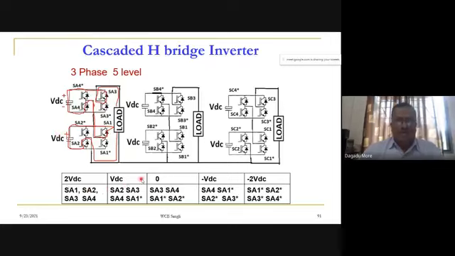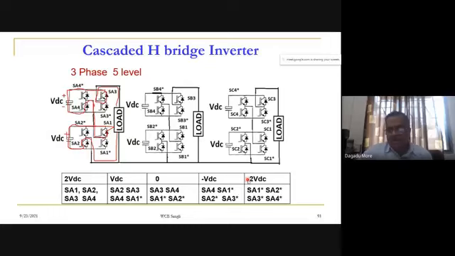Now we consider the reverse case. Reverse will be just minus twice VDC. Here minus 2 VDC, we have seen that these other devices, whatever we have shown here, will be turned on, and these voltages are again additive but appear in the reverse direction across the load.